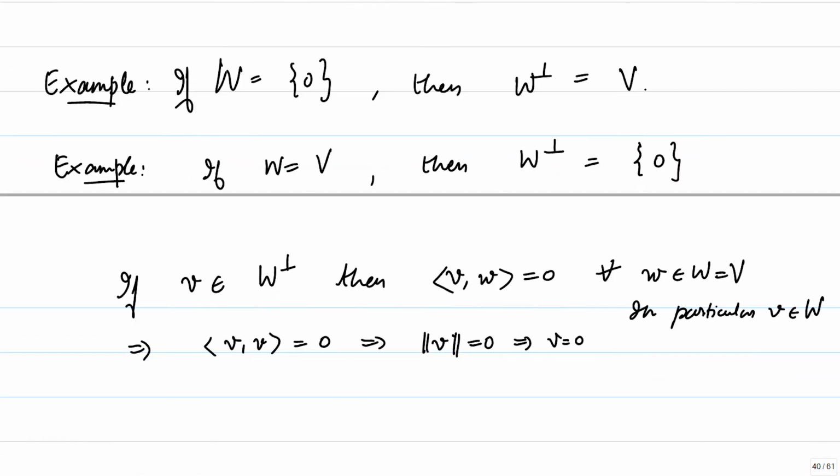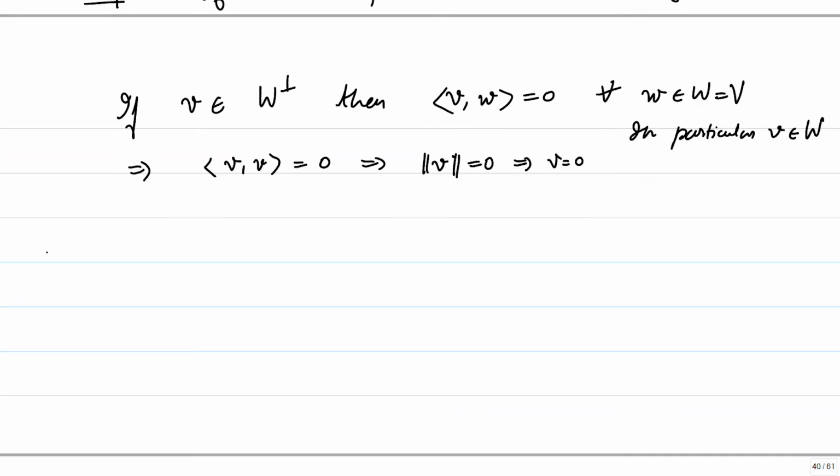One more thing to note is an exercise for you: the orthogonal complement of a given subspace is a subspace and hence an inner product space of V. So, this comes from one of the previous results which we have proved, wherein we showed that if v is orthogonal to w1, w2 up to wk, then v is also orthogonal to every linear combination.